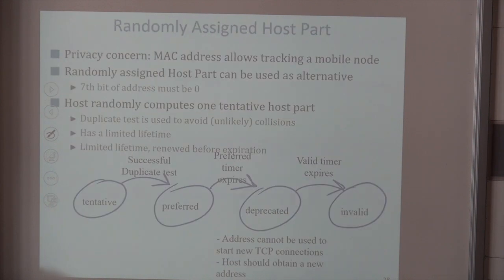This is how it is done. The randomly assigned address is a random host part of the address. We will see later that, of course, the host part of the address, you can use it for a globally assigned address, not just for your locally assigned address. So once you do this, if you use your MAC address and you go to a web server that's at the other end of the world, you start revealing your MAC address to the web server at the other side of the world.